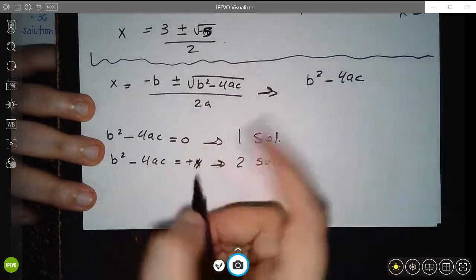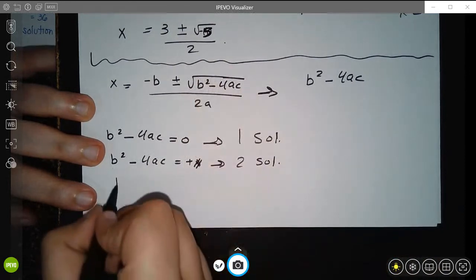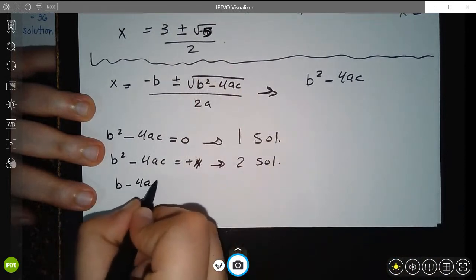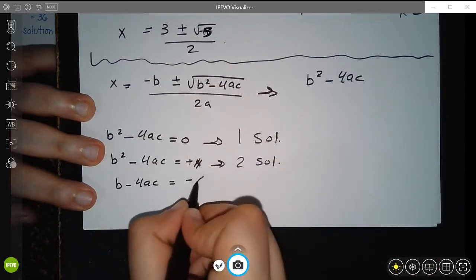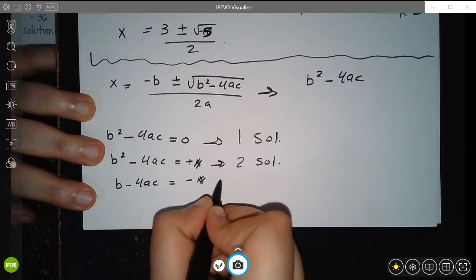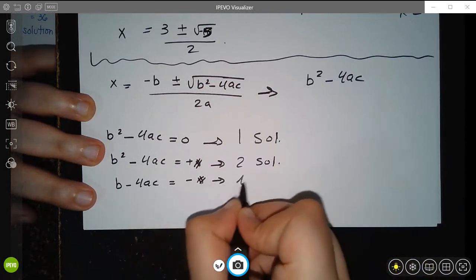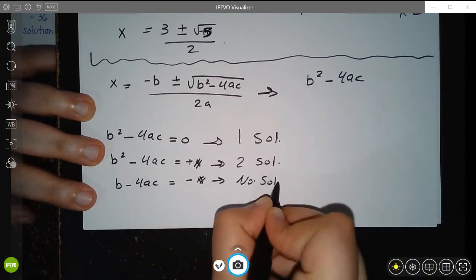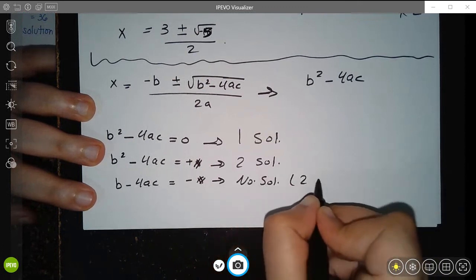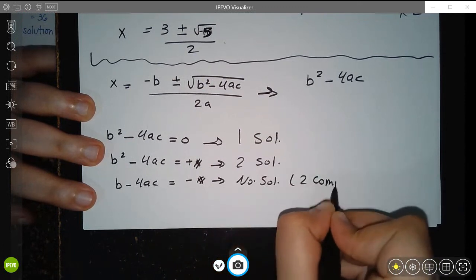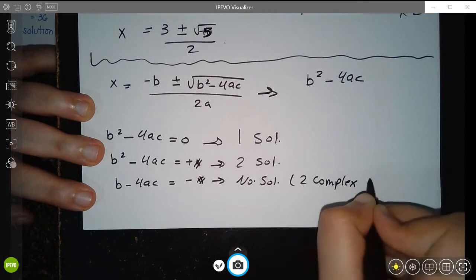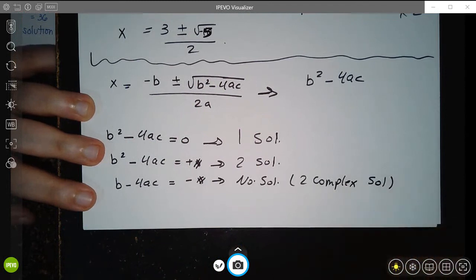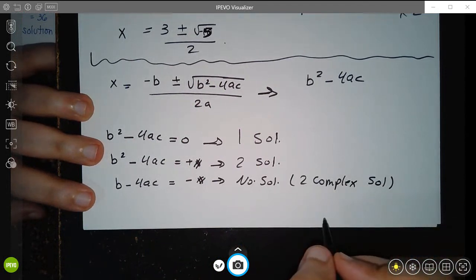If the value underneath the root is negative, like what we just saw, then you're going to have no solution, or what we call 2 complex solutions. Okay?